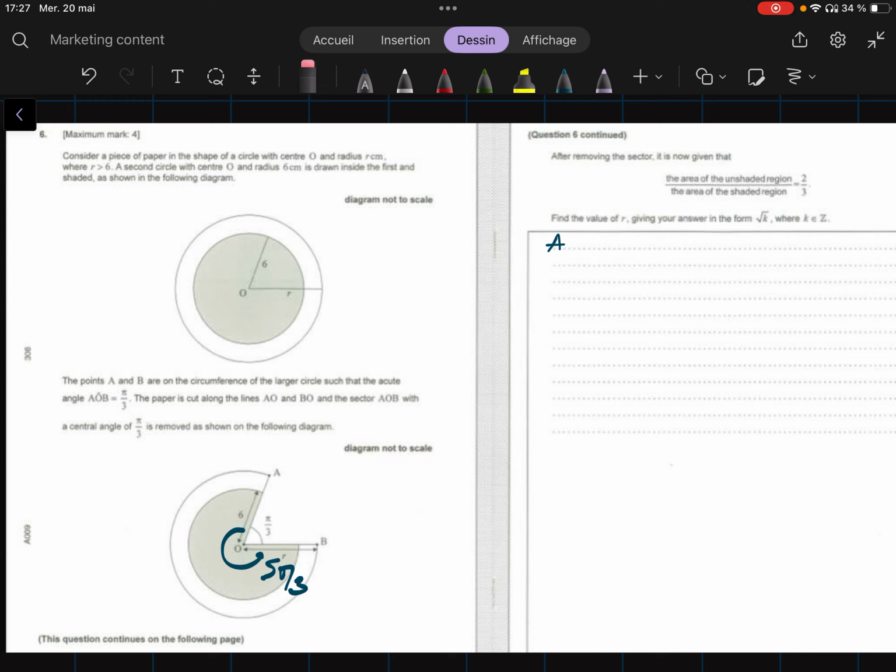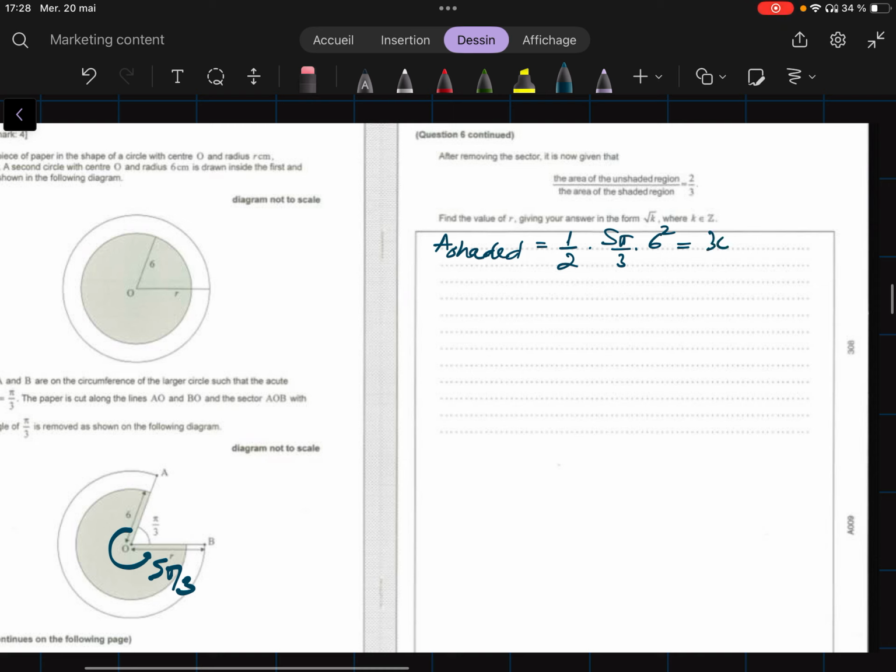let's start with the area of the shaded part. Radius is 6, angle is 5 pi by 3. So I have a half times angle times the radius squared. And this gives you 30 pi.